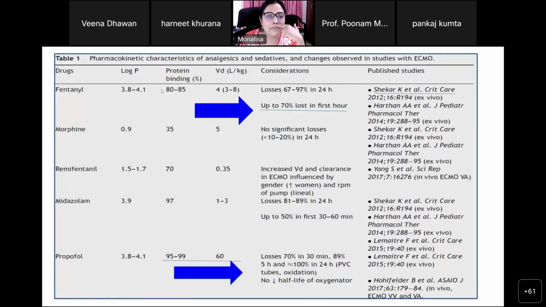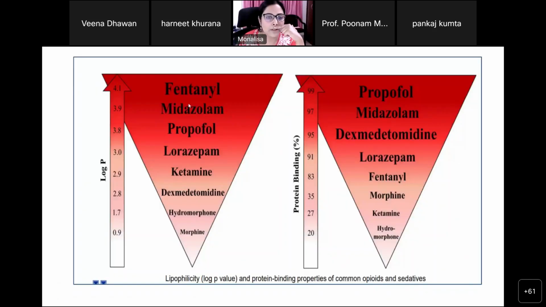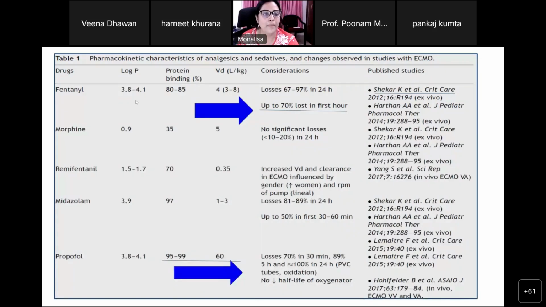So, coming to the pharmacokinetics again, what I showed in the graph, I'm going to show in a table form. Fentanyl has high protein binding and quite a large volume of distribution. It was noticed in some studies, especially Shekhar K et al. in 2012, that more than 70% of fentanyl is actually lost in the first hour of starting ECMO itself.